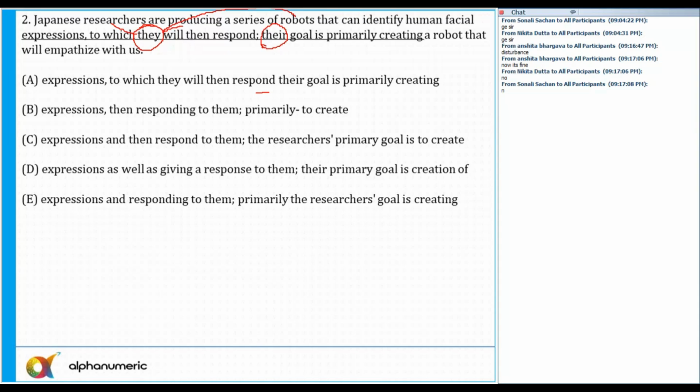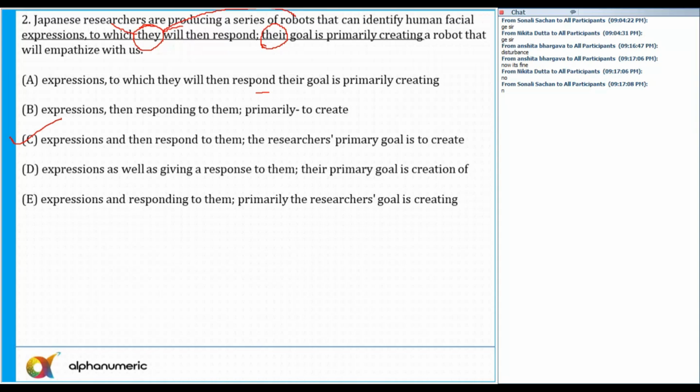I think the best way from the given options is C. The robots can identify human facial expressions and then respond to them. So who is going to respond? It's clear that it is a robot that will respond to the expressions. After that, there is a semicolon.